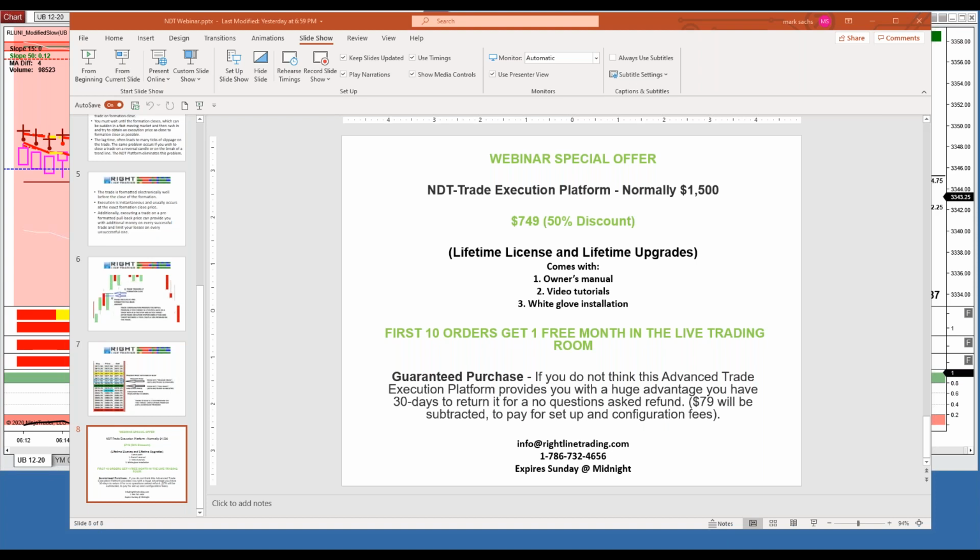I mean, the platform's 75 bucks a month. Our tool's a one-time purchase that you get to evaluate on your own. And so it's really a no-risk move. I love Thinkorswim, and that's where I do all of my executions, except my futures, because I use my NDT.